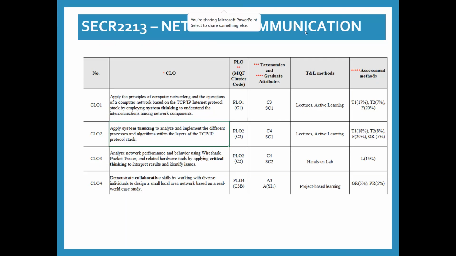There is a PLO attached to each CLO, meaning in CLO1, we are looking at PLO1. And then these are the assessment methods. For CLO1, there will be a test 1, test 2, and a final. For CLO2, there is a test 1, test 2, final, and a group report.